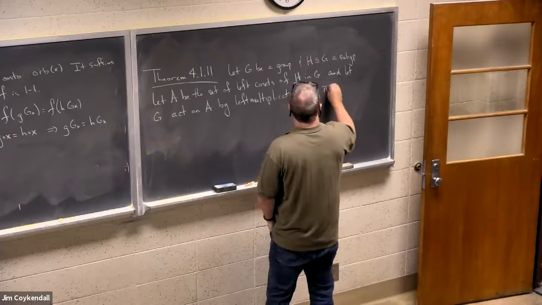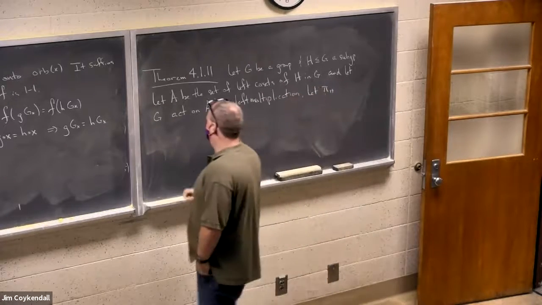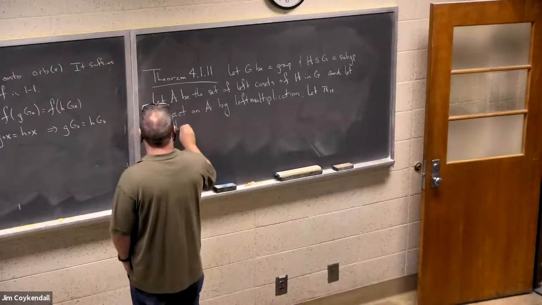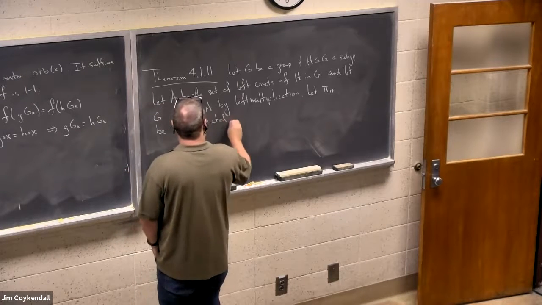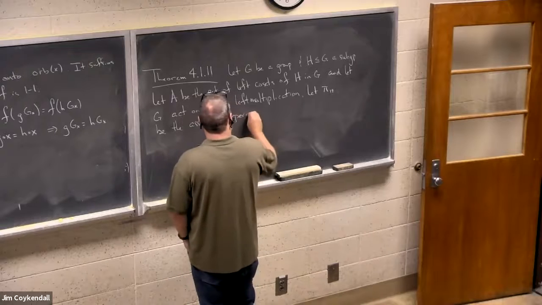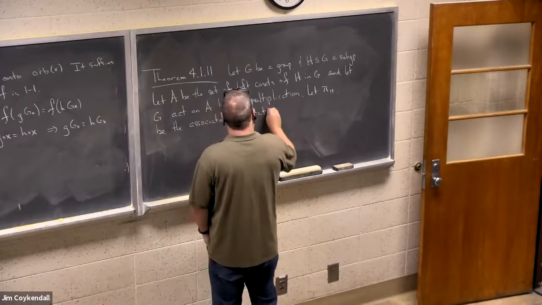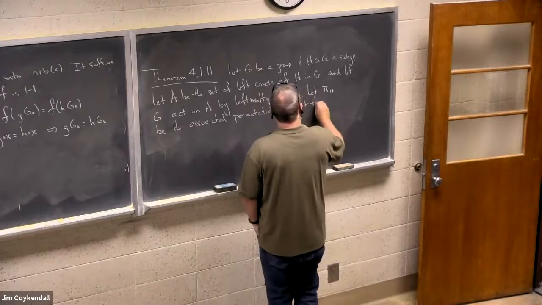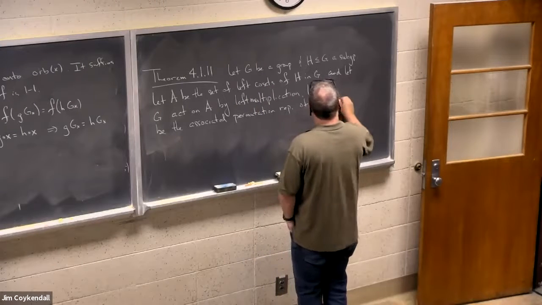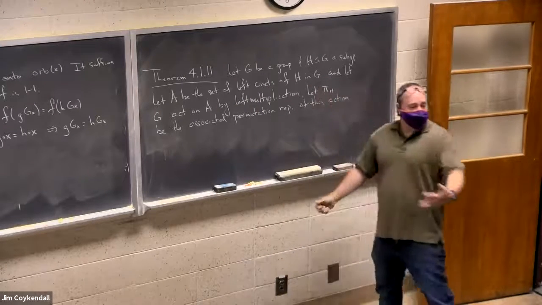Let's try the associated permutation representative. Now, don't make too much out of this.